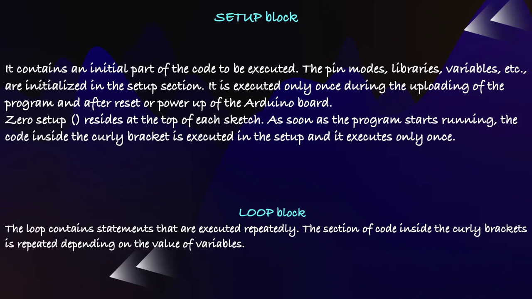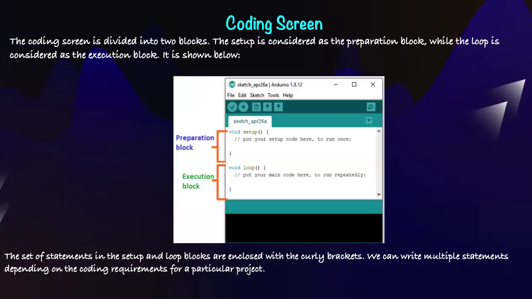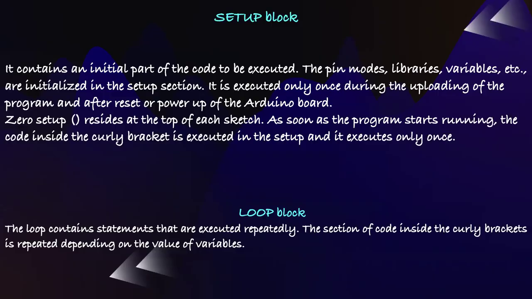Then comes the loop block, dear students, which is the execution block, where void loop is. What does it do? The loop contains statements that are executed repeatedly. The section of code inside the curly brackets is repeated depending on the value of the variables.